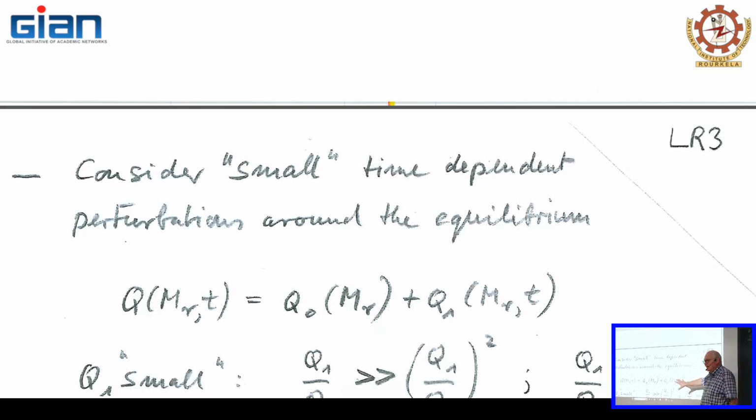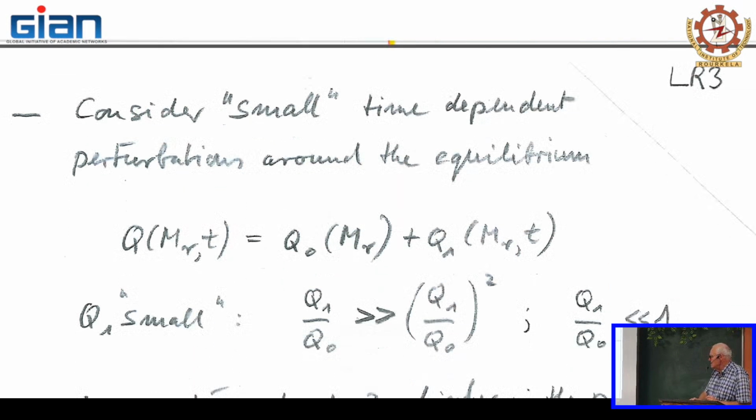And what we assume now is that this Q1 is much smaller than the hydrostatic or stationary, previously calculated quantity Q0. Small, of course, needs some specification: small compared to what? Otherwise small is not well defined.